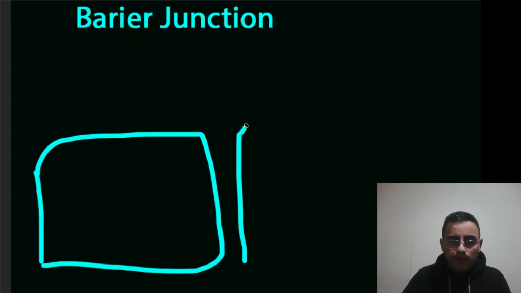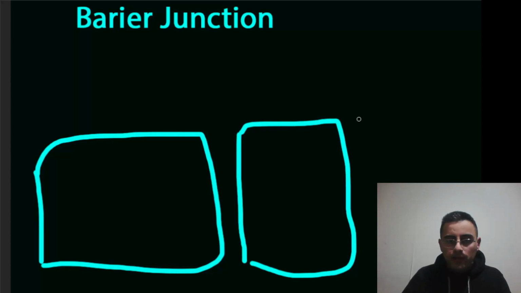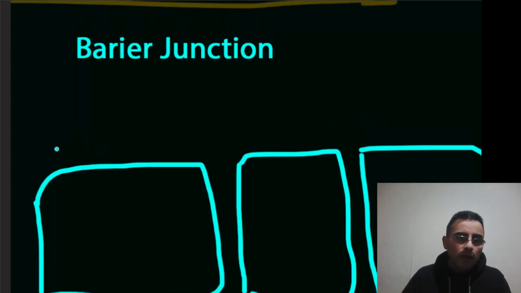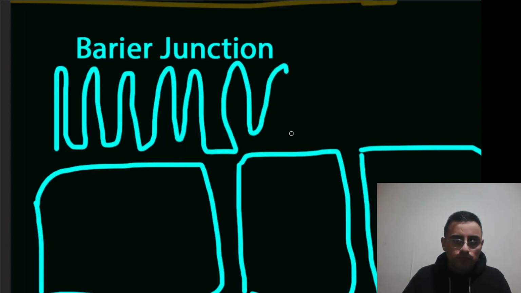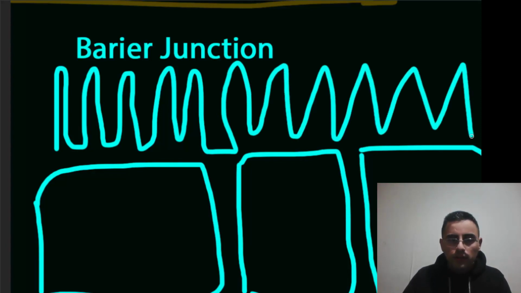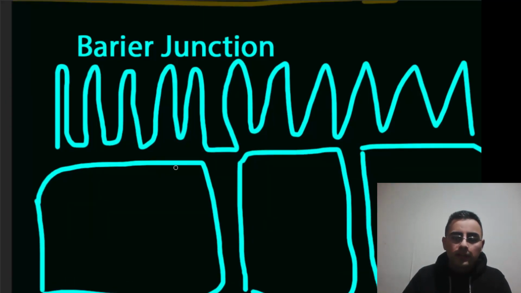Here is another cell, and another cell, and so on. Here are microvilli, and here are the barrier cell junctions, here and here.